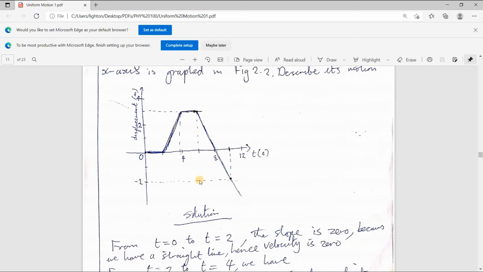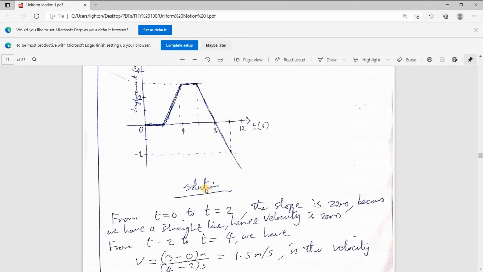So this is minus 2, minus 3. Negative 2 minus 3 is the change in y, over change in x, which is from this point to this point. The change in x is just 10 minus 6.